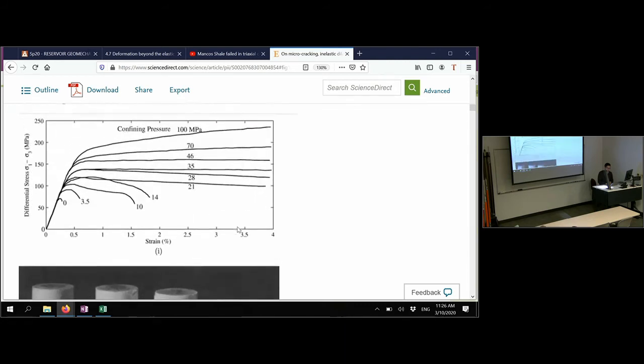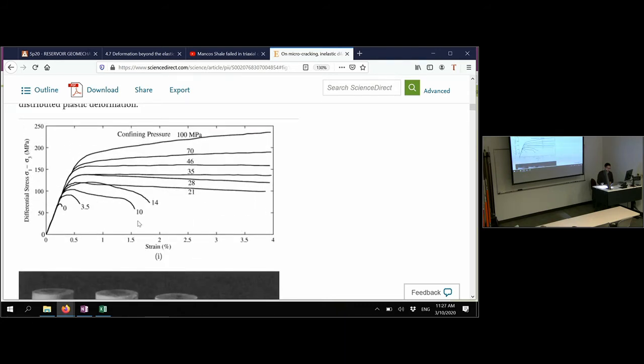And what you see on the plots of stress versus strain is that you go from something that has a very well-defined peak to something that tends to be ductile. And that's very important, because what this is telling you is confirming again that the higher the confining pressure, the stronger the rock is.